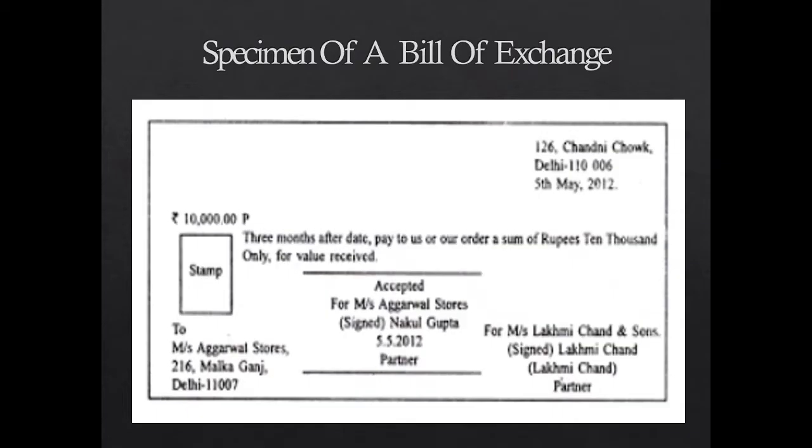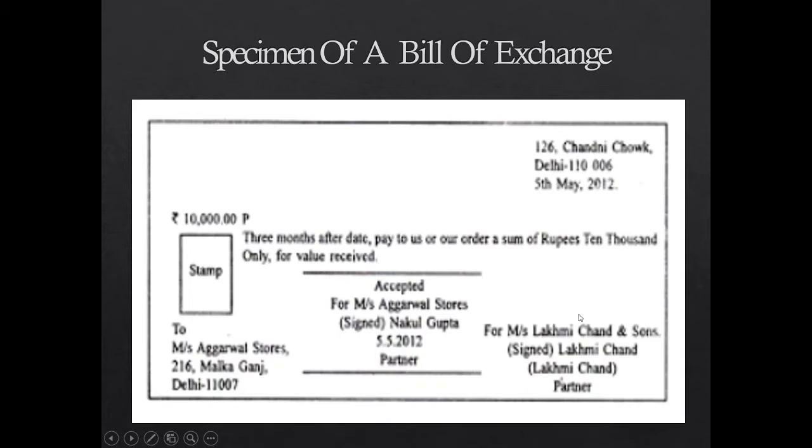This is a model bill and one more other model bill. Look at this. The amount was given, the stamp is there, and the duration of the bill is 3 months, which was mentioned in writing also, and the signature of the acceptor. Messrs. Agrawal Stores is the acceptor. Acceptor in the sense, buyer. Lakshmi Chand Sons is the seller.